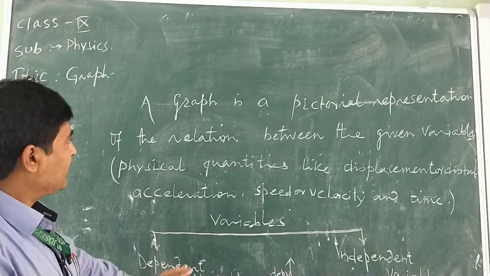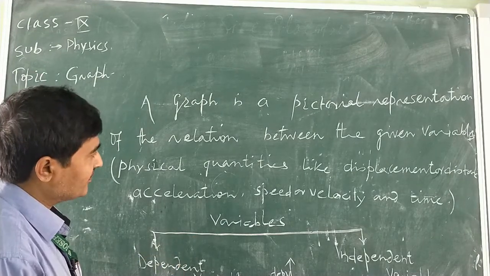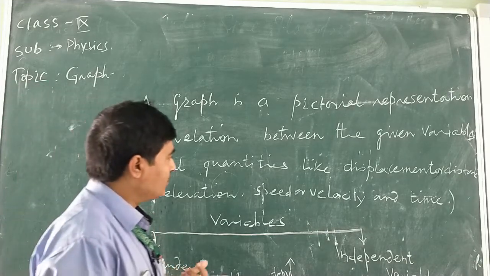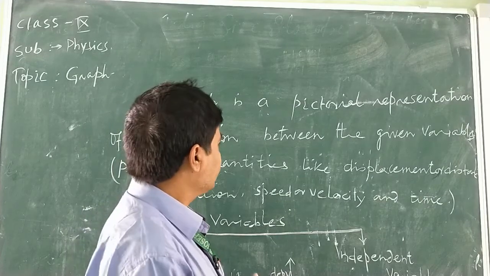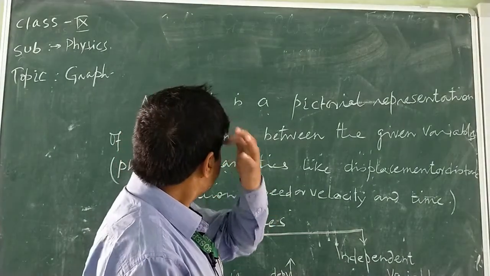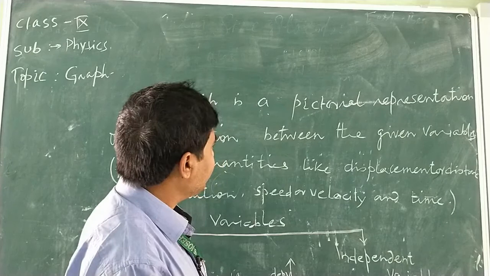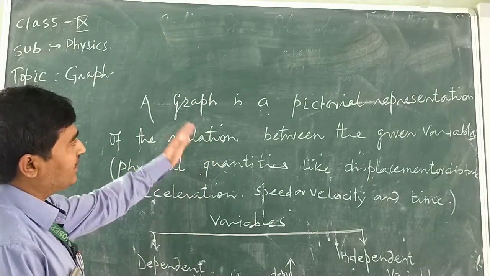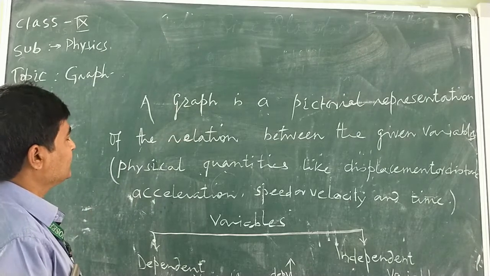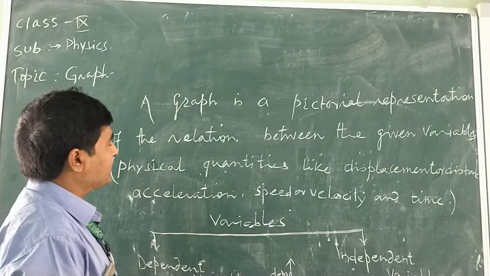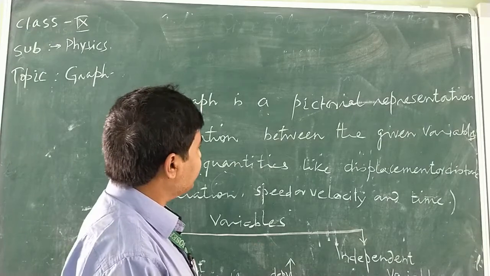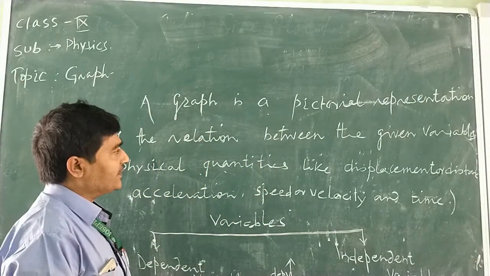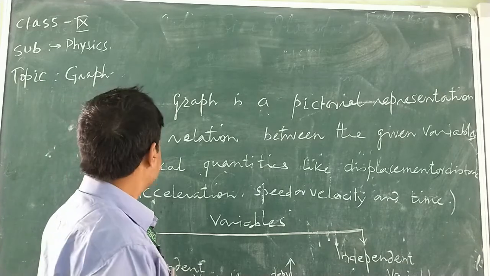Till now we have studied the relation between two variables. It's very easy to understand with the help of a graph. A graph is defined as a pictorial representation of the relation between the given variables.